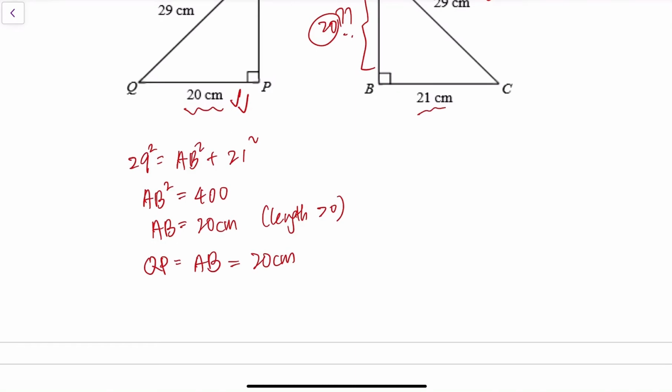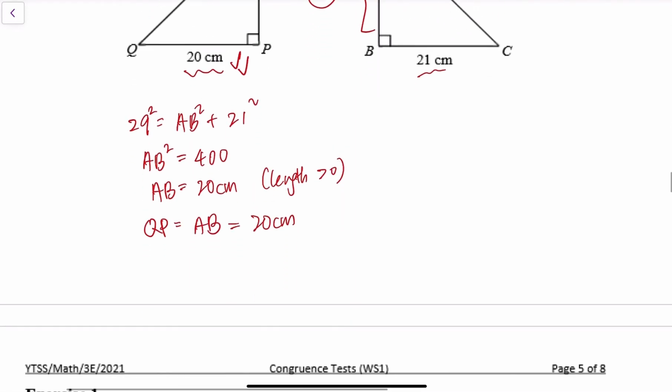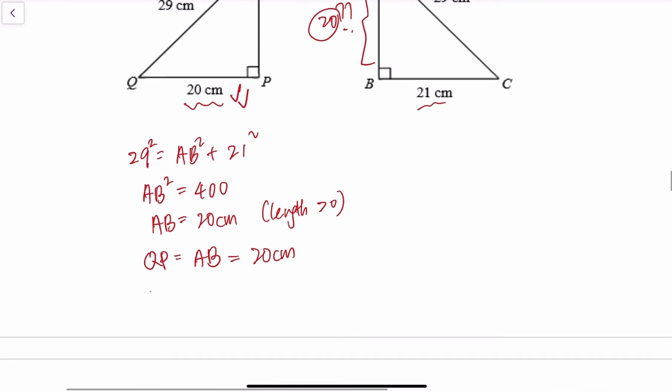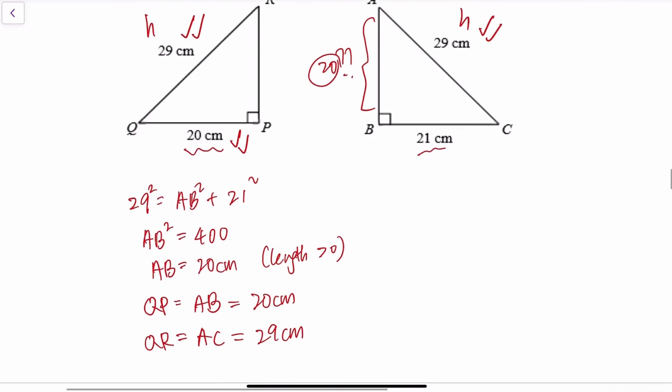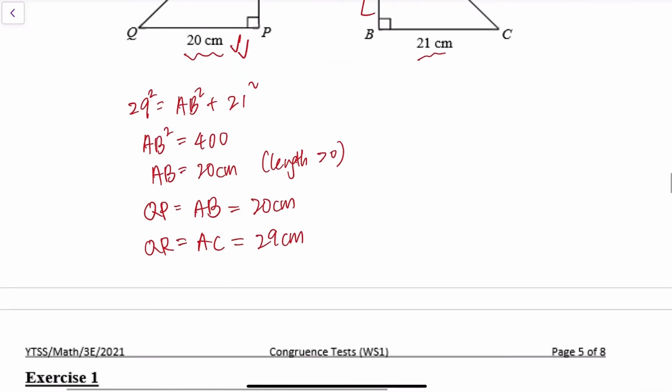And then I'm going to prove using the hypotenuse. This is QR, which is equal to AC. I've proven the other side is equal as well. And the 90 degrees. I'm going to prove the other one, the 90 degrees. Angle QPR in triangle QPR is equal to that in triangle ABC.